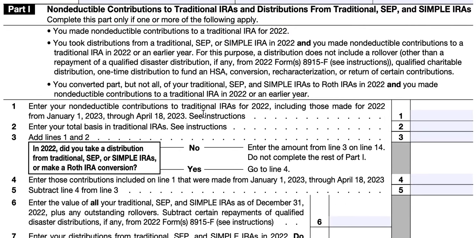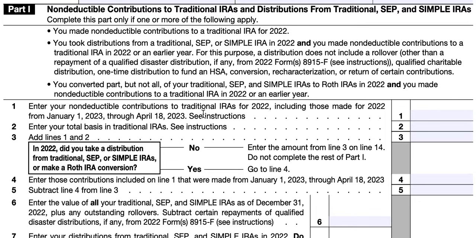In line 6, you'll enter the value of all of your traditional, SEP, and SIMPLE IRAs as of the end of the calendar year, so December 31st of 2022, plus any outstanding rollovers. Sometimes this happens with rollovers towards the end of the calendar year, where money has left, say, a 401k account that you decided to roll over into a traditional IRA.